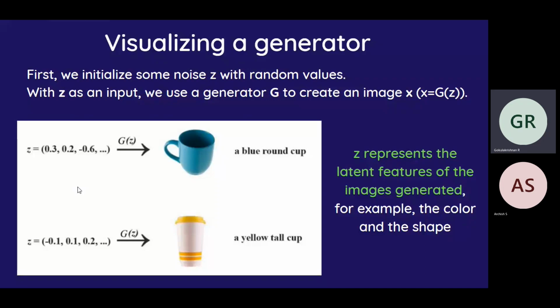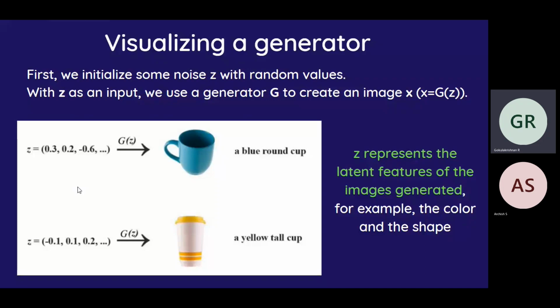Suppose this is a GAN being trained to generate fake images of cups. After completing training, you give Z as these values, and the generator comes up with a blue round cup. It's pretty accurate.